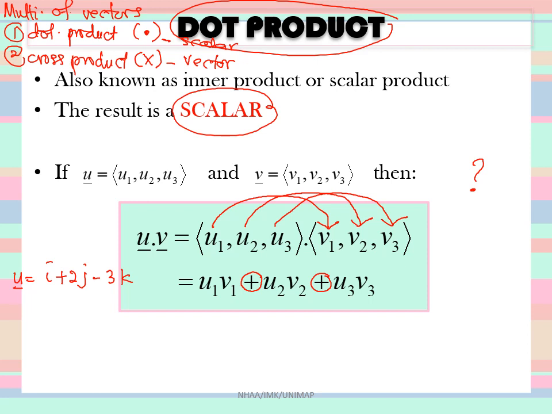And I have vector v, which is minus i minus 3j plus 4k. So I will perform the dot product for vector u and vector v.